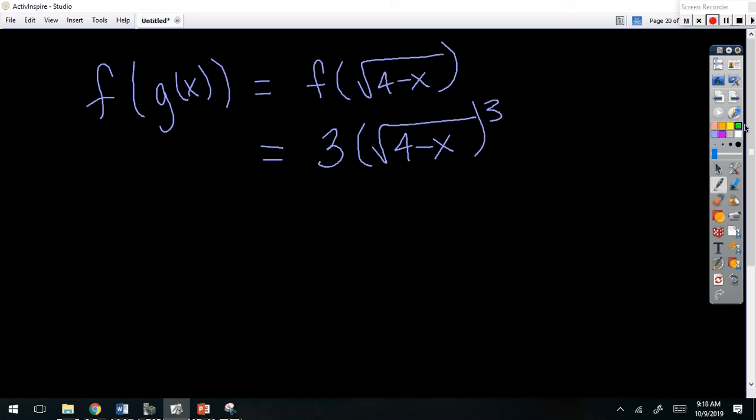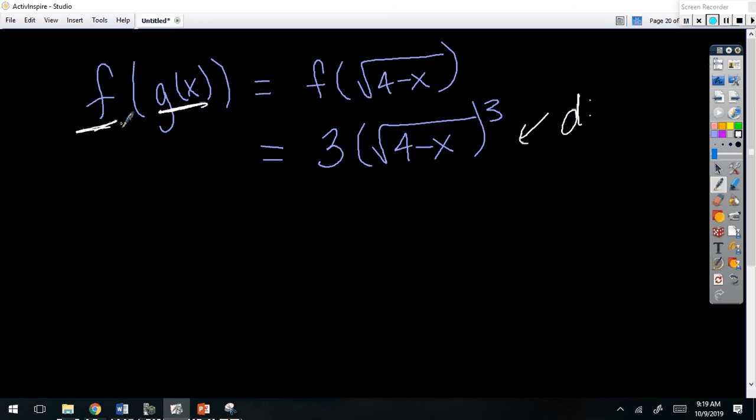How about the domain on that one? You still have to look at each one individually and do the intersection of the domains. Even if that radical were to cancel out, like if that was a squared instead of a cubed and it canceled, you'd still have to restrict the domain because the domain was restricted in the beginning with one of your beginning functions.